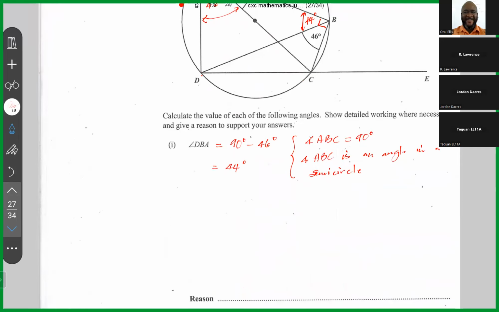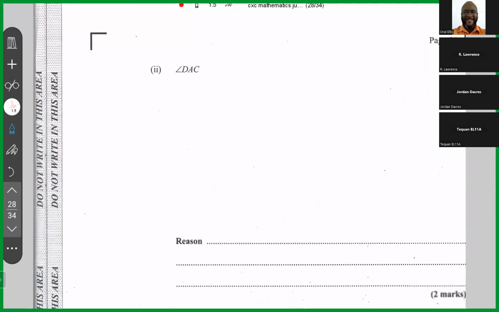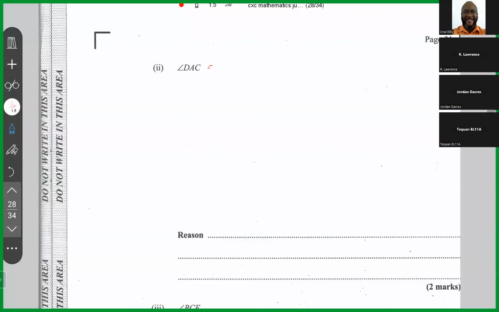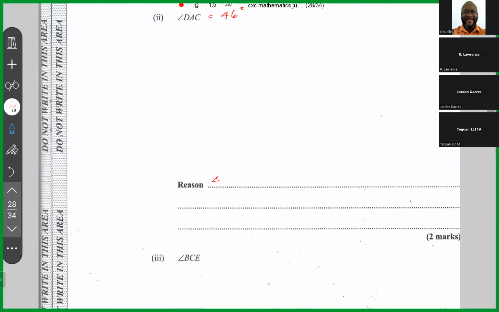So I would say to the examiner that angle DAC is equal to 46 degrees. I could say that angle DAC is equal to angle DBC is equal to 46 degrees.